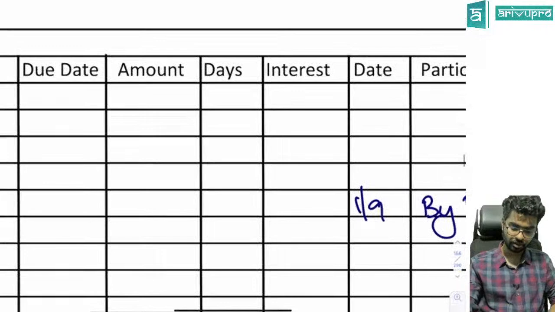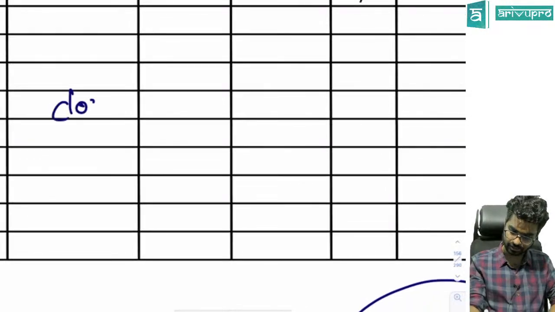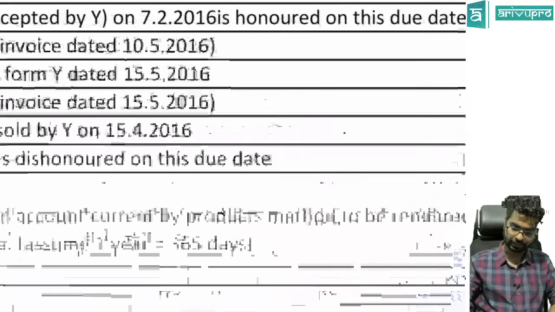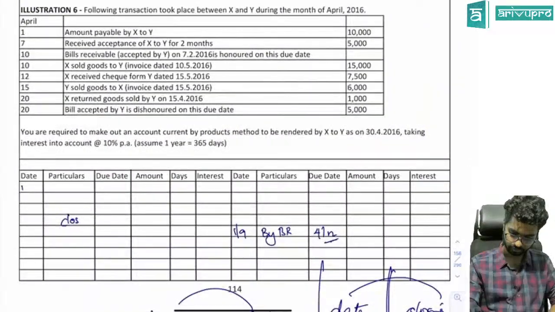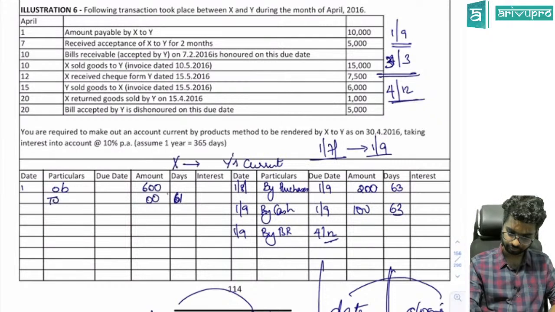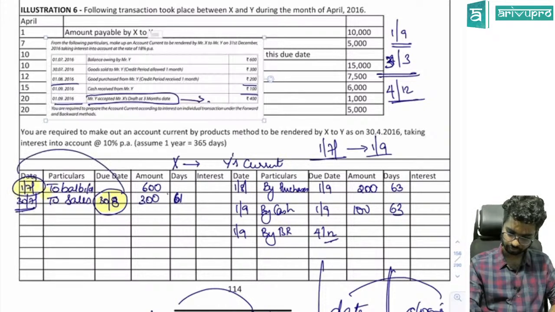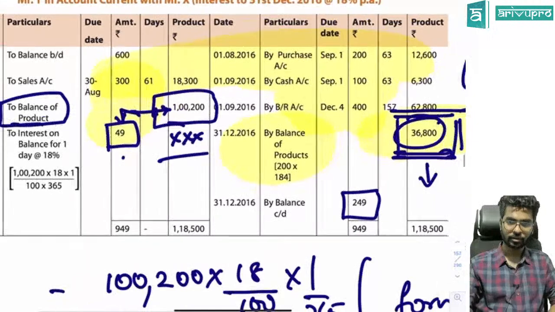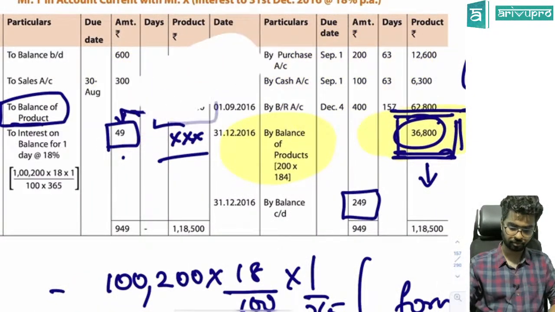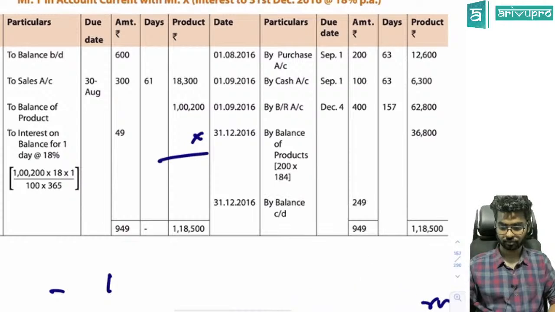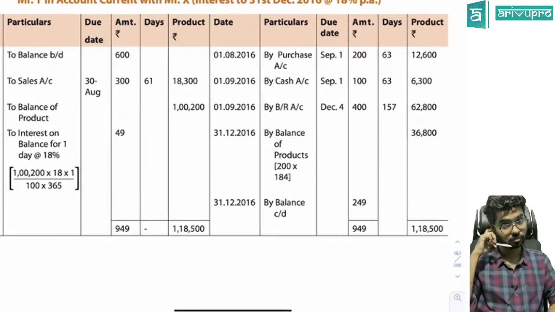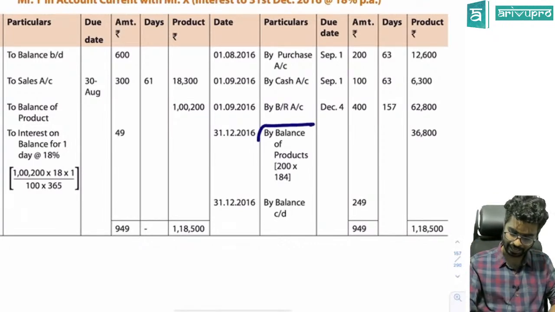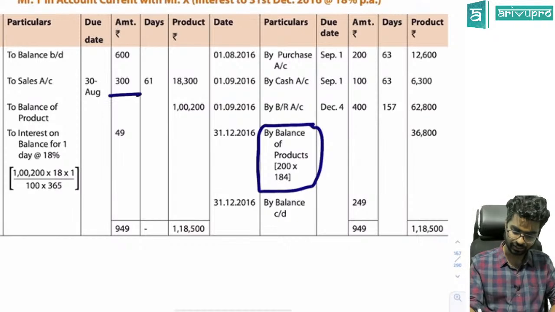Tridev, see here, for finding out the closing balance, right? That is here. See here. I am trying to find the balance. What is the balance which is available?